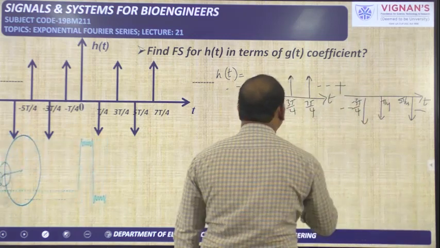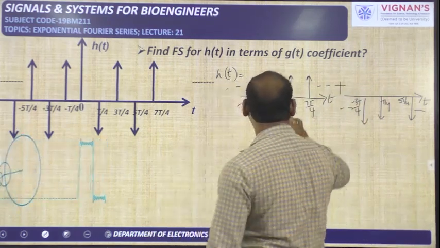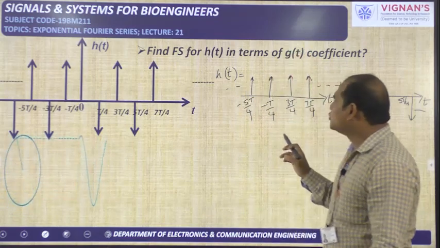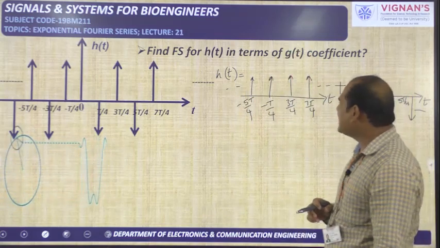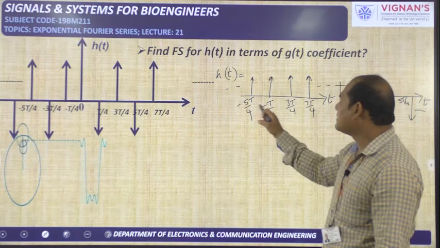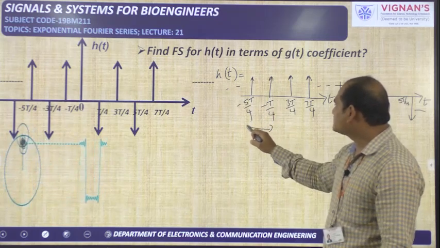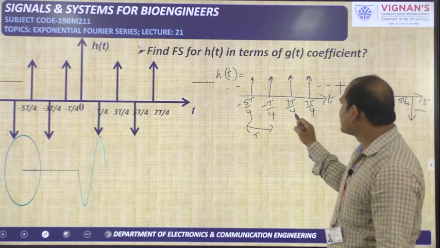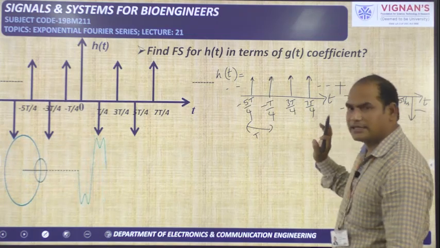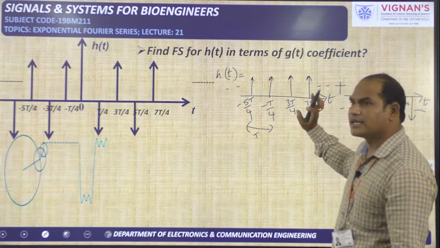If you observe the signal which has the impulses above the x-axis, calculate the time difference between any two successive impulses. You will get capital T, again capital T, again capital T. That means it is a periodic signal.